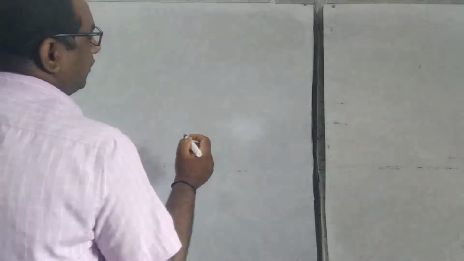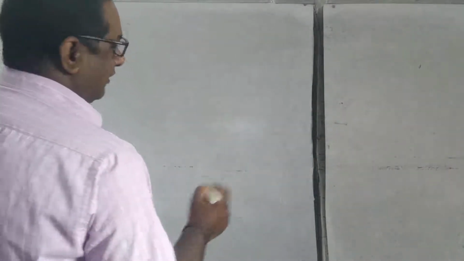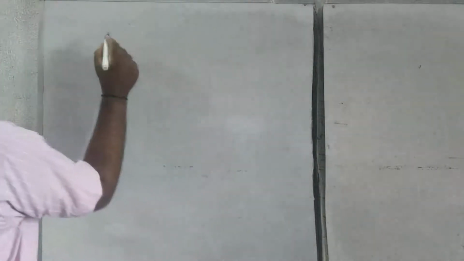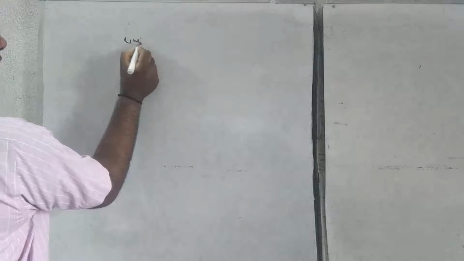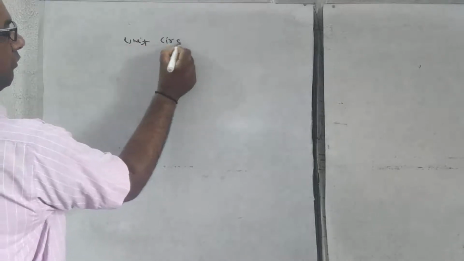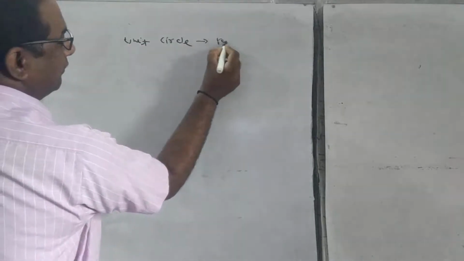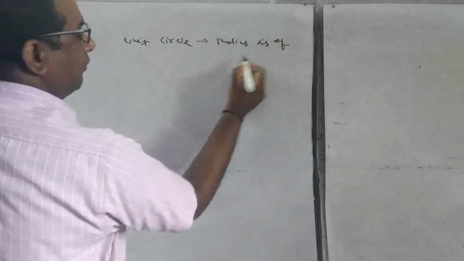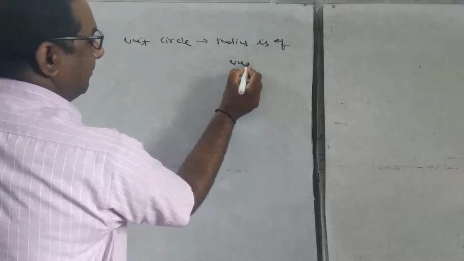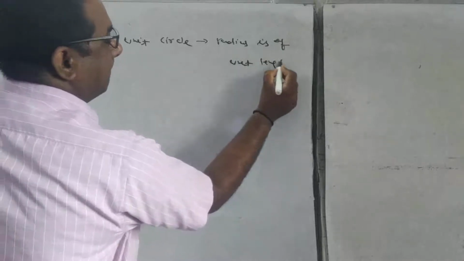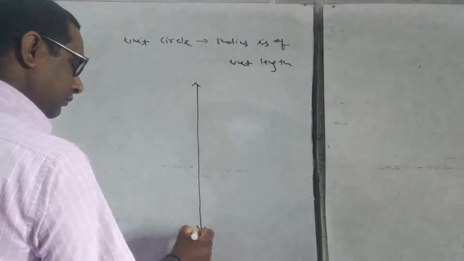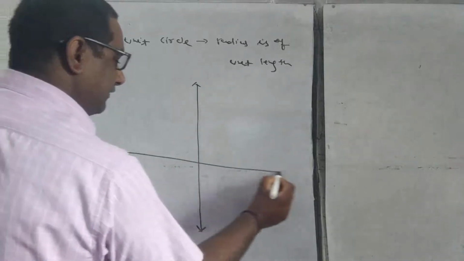So if you consider a unit circle, it means the radius is of unit length. First of all, draw the x-axis and y-axis.